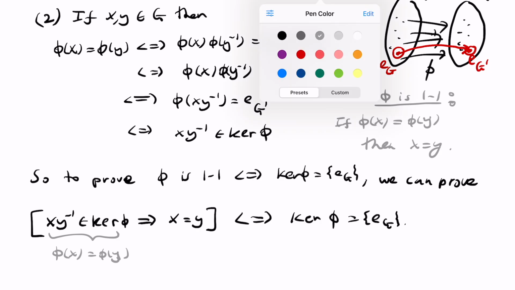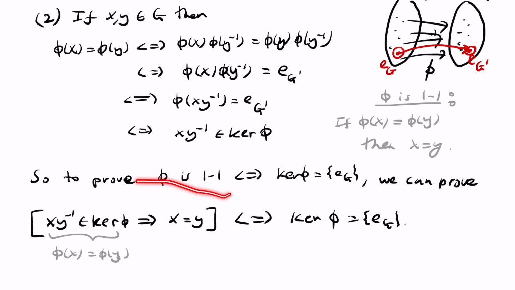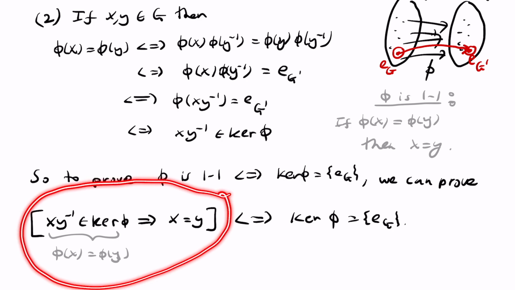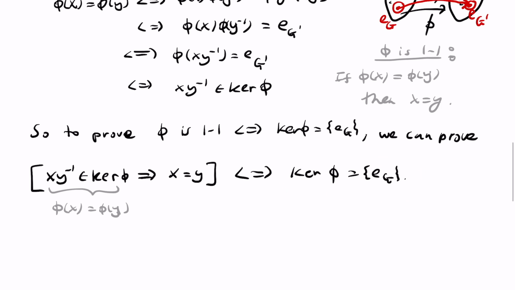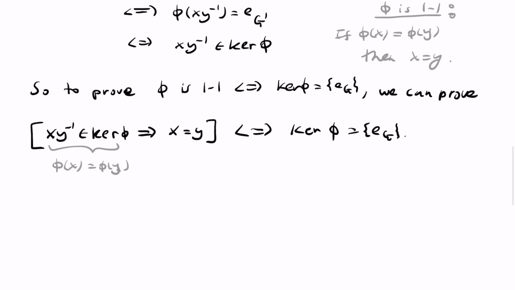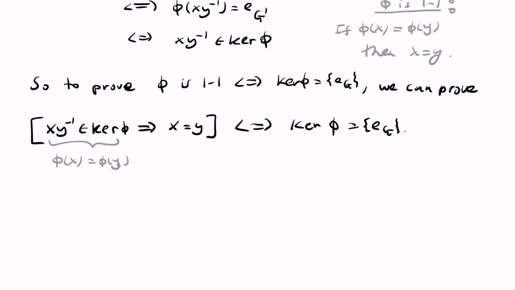And so this is saying phi is 1-to-1. And we're trying to prove that happens if and only if the kernel of phi is E of G. We have a few too many symbols here, which is a little bit unfortunate, but I want to encapsulate again the fact that this entire thing is saying phi is 1-to-1 in a language that's using homomorphisms.